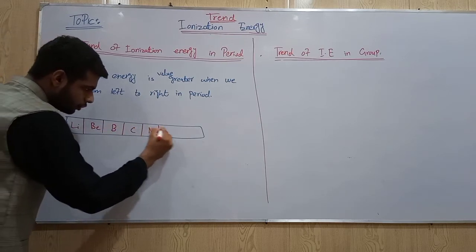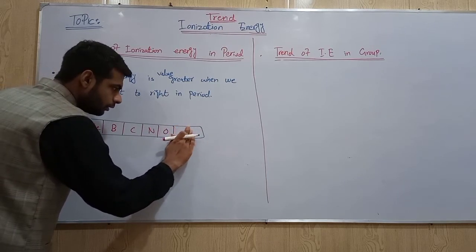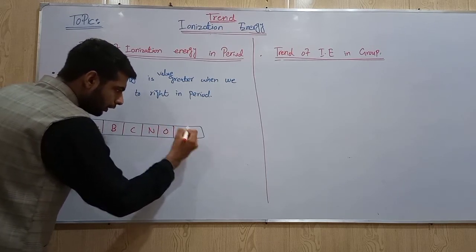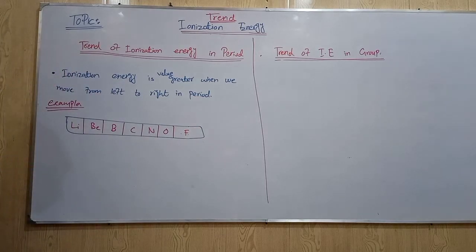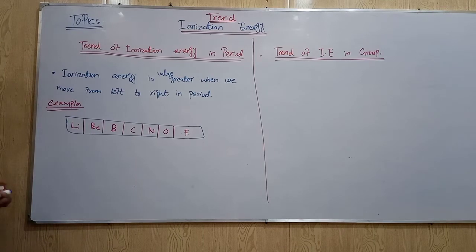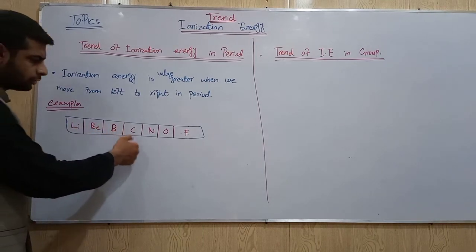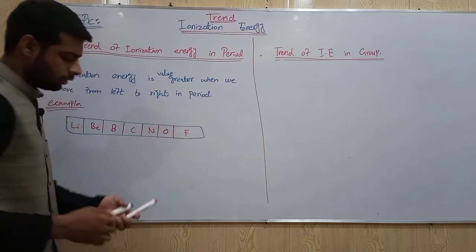Carbon, nitrogen, oxygen and fluorine. It is the second period of the periodic table. First element is lithium, second is beryllium, then boron, carbon, nitrogen, oxygen and fluorine.